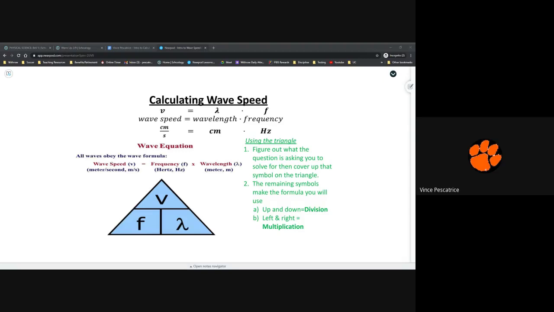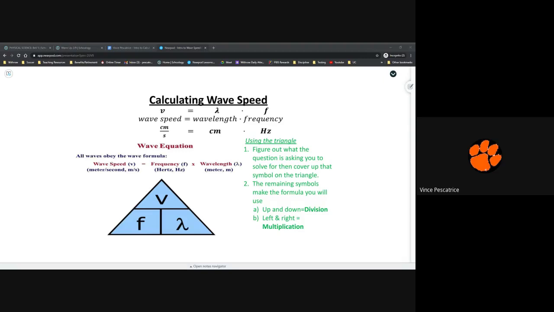Frequency is this F down here. It's measured in hertz, but its symbol is F for frequency. And finally, we have wavelength. The wavelength is measured in meters, and it's this part of the triangle down here in the right corner.